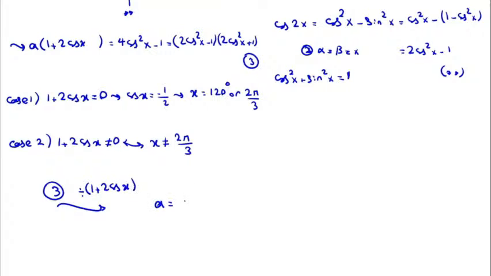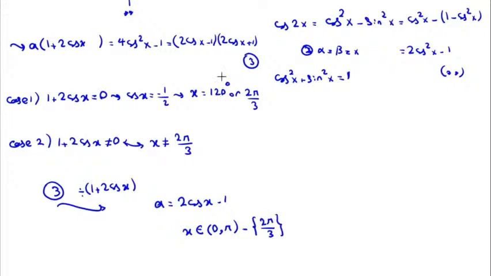So a equals, let me correct this part, (2 cos x plus 1)(2 cos x minus 1) over (2 cos x plus 1), which is 2 cos x minus 1. And we know x is between 0 and pi, except x equals 2 pi over 3.